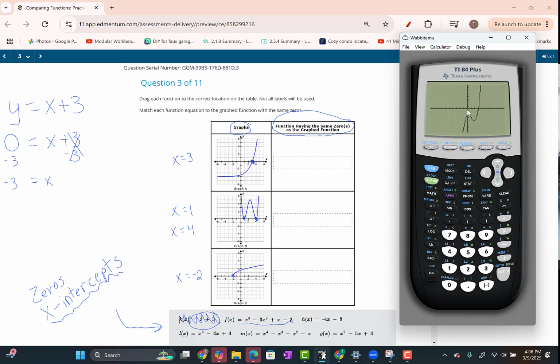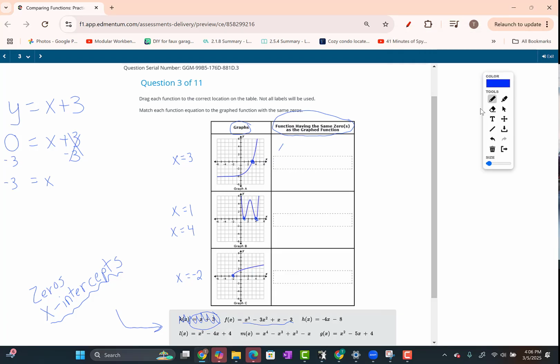Yeah, this one has up to 3, but it looks like 2 of them are imaginary. So it only has one x-intercept that we can see, or one zero, and we can pretty clearly see that it's at x equals positive 3. So that means it would go up here in the top box. And we have our first match.